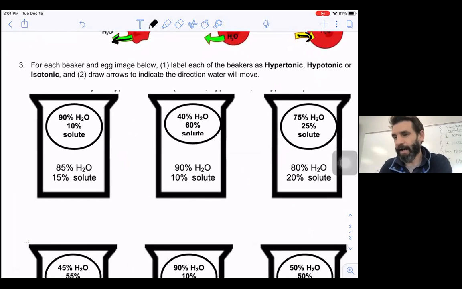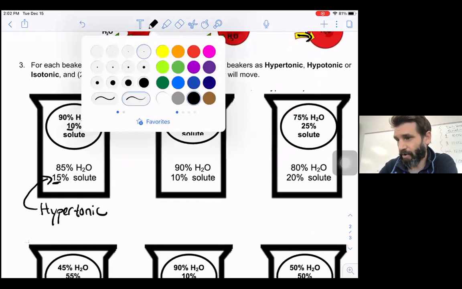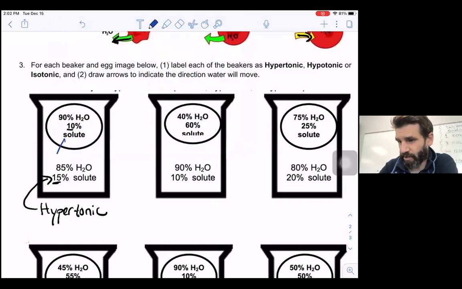So 10% solute inside, 15% outside. So this solution is hypertonic. And remember, this is referring to this solution. Hyper, more solute. So in this case, water is going to leave this egg.